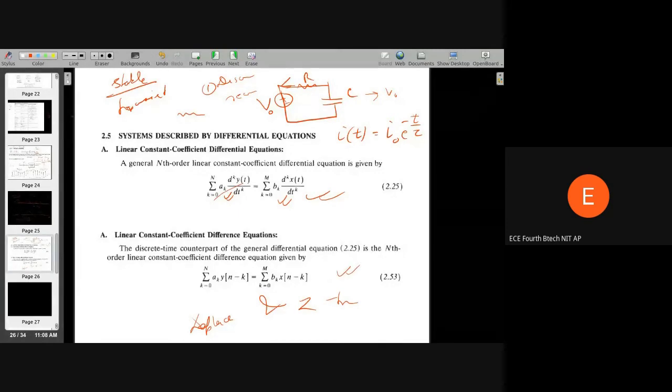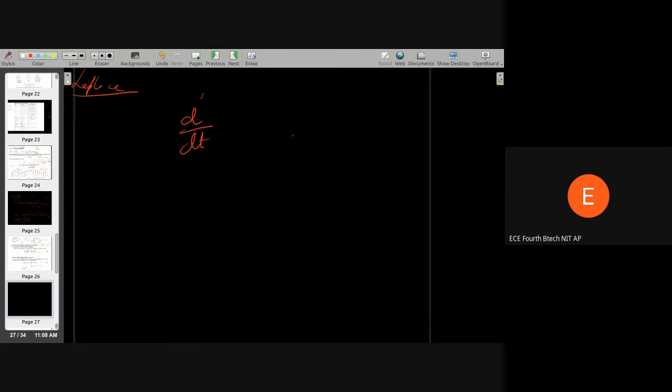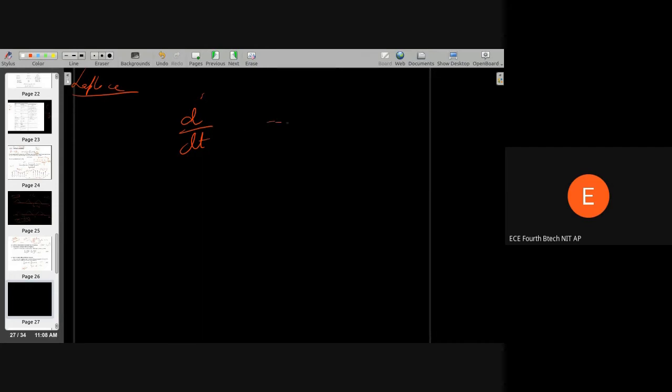If you take a Laplace transform of this, which is equivalent to Z transform, all your d/dt of something to the power n will become nothing but s to the power n.